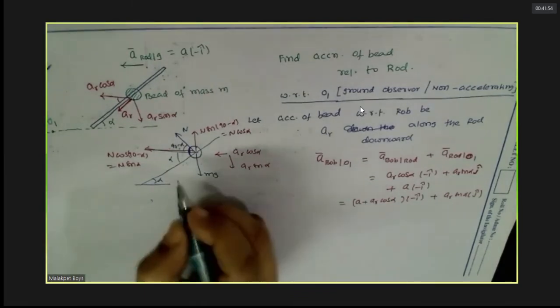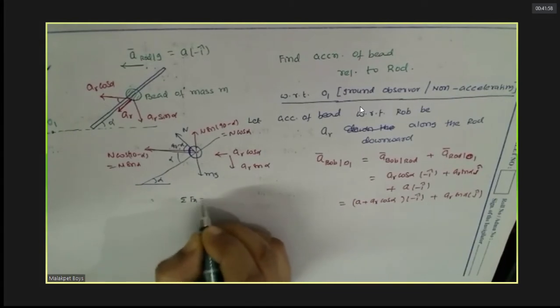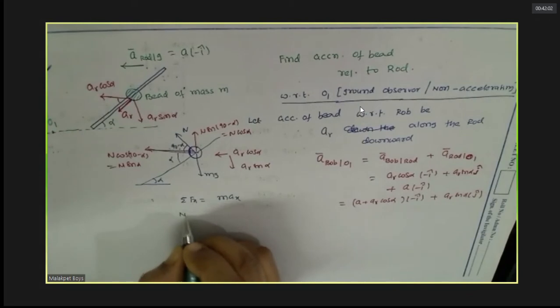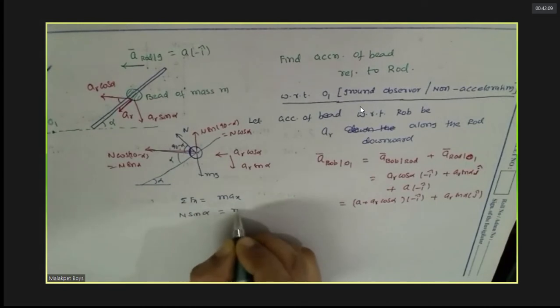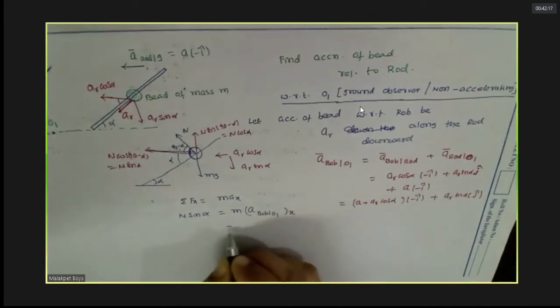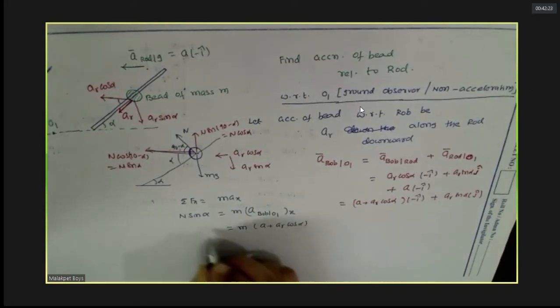Now he writes the equations. Sigma Fx equals, he says that N sin alpha in this direction is mass into acceleration of bob with respect to O1 in which direction? X direction. This is nothing but A plus AR cos alpha is N sin alpha.